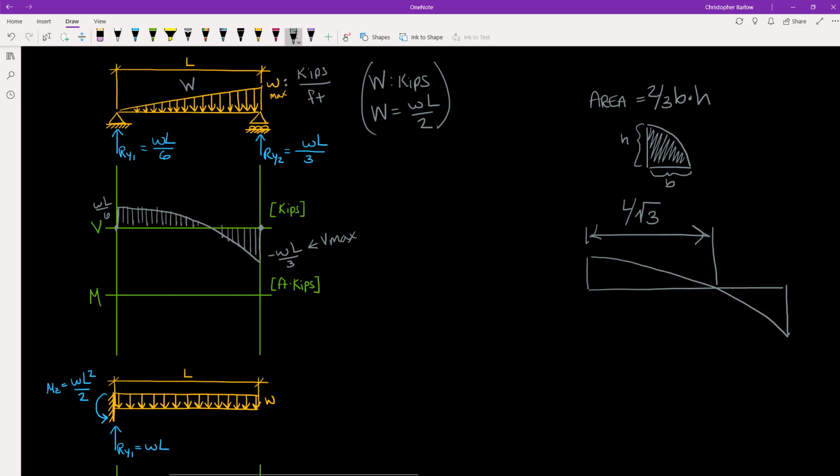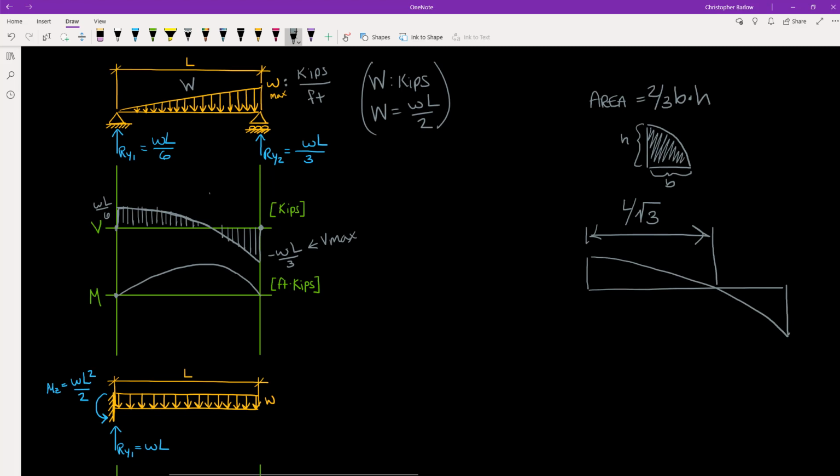Now with moment, we're going to start at 0, and our area under the shear curve is positive, but the rate at which it's increasing is decreasing as we move to the right. And so we end up with this kind of funky looking shape. And we won't get into the specifics of what we would call this shape.